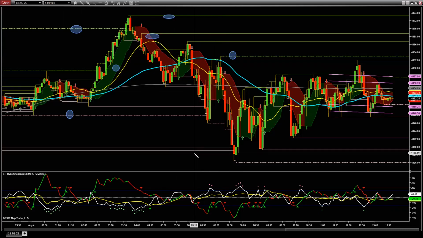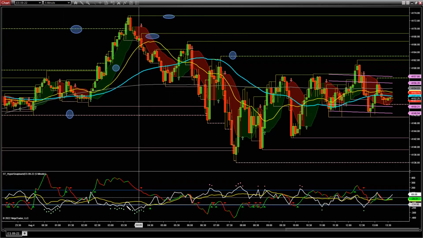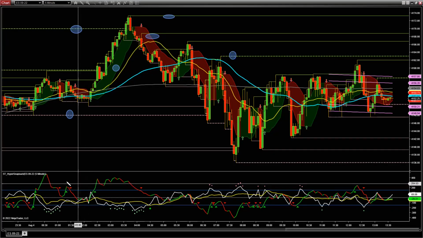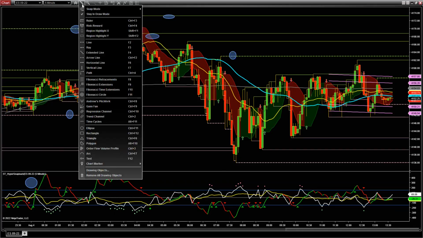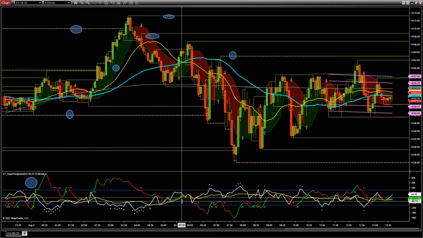And then we have our amazing hyper snapback study right here, which gives us predictions real time and in the future. So what's very important on the hyper snapback is the zero line.